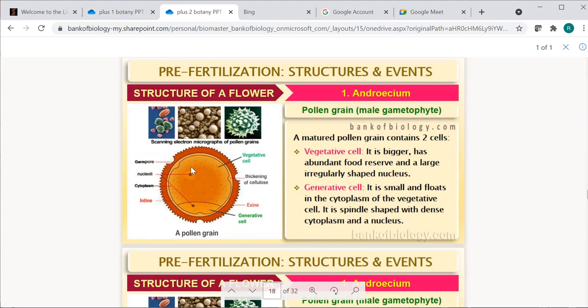The vegetative cell is for making and reserving food, and the generative cell is for the next generation. It is small. It floats in the cytoplasm of the vegetative cell. It is spindle shaped, with dense cytoplasm and a nucleus.